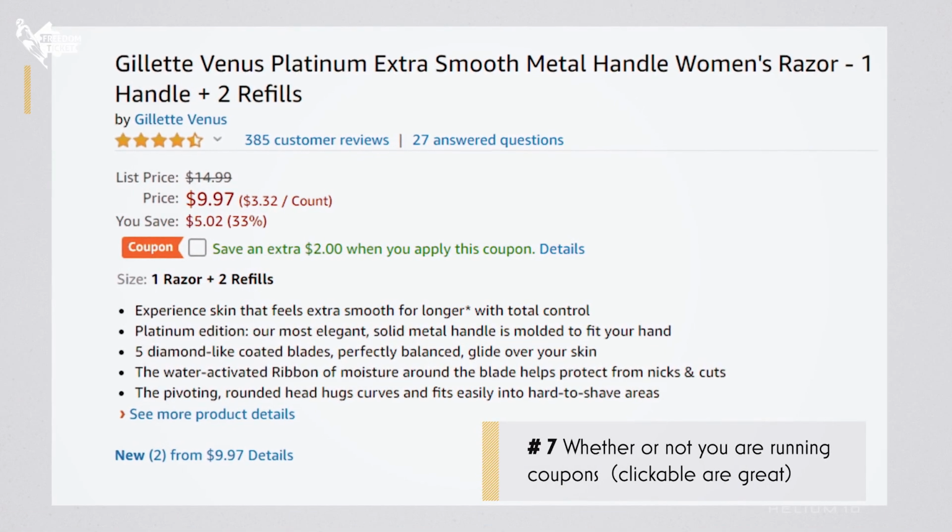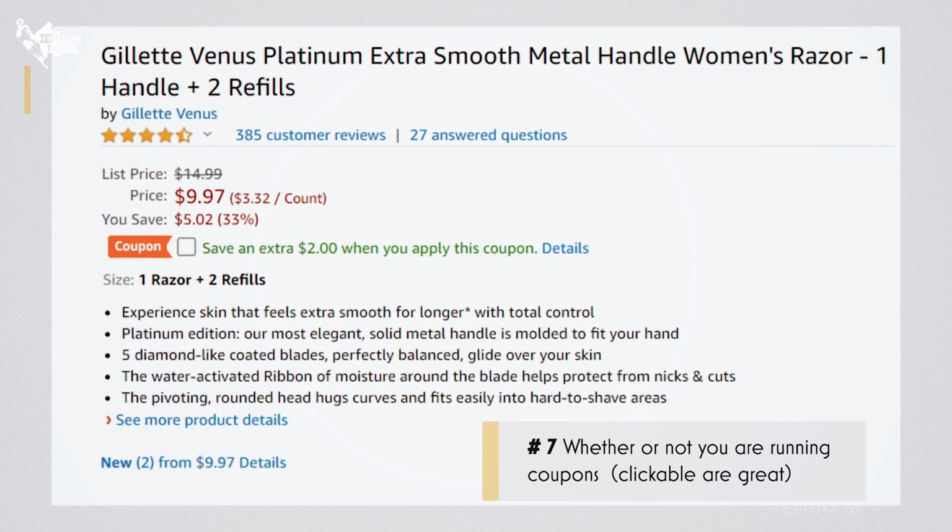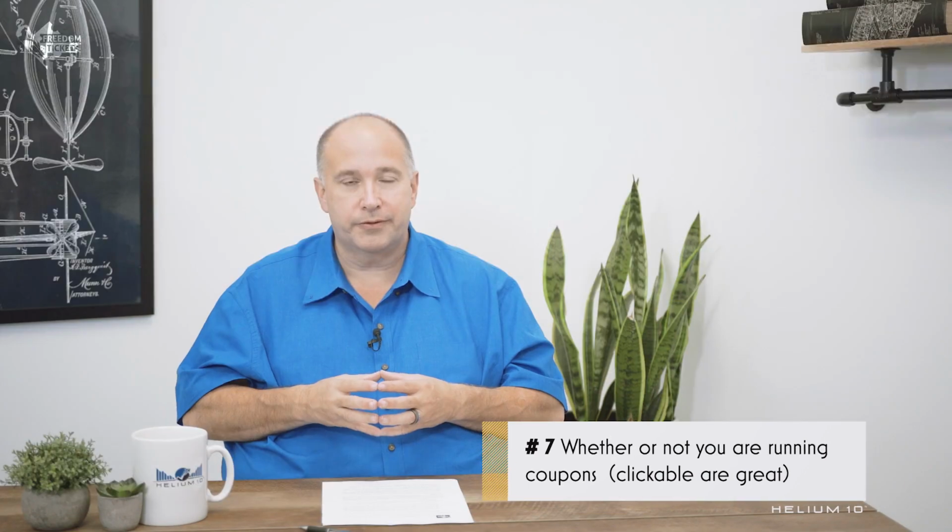And then the next thing that's really important is whether or not you're running coupons. Now, these could be the promotional coupons that show down the page, but honestly, a lot of people never really even see those. The coupons that are the best ones are the ones that people can clip just by clicking on them. We'll talk about that in another module on how to set those up. They're the ones that show up at the top. It might say get $3 discount or 5% off.